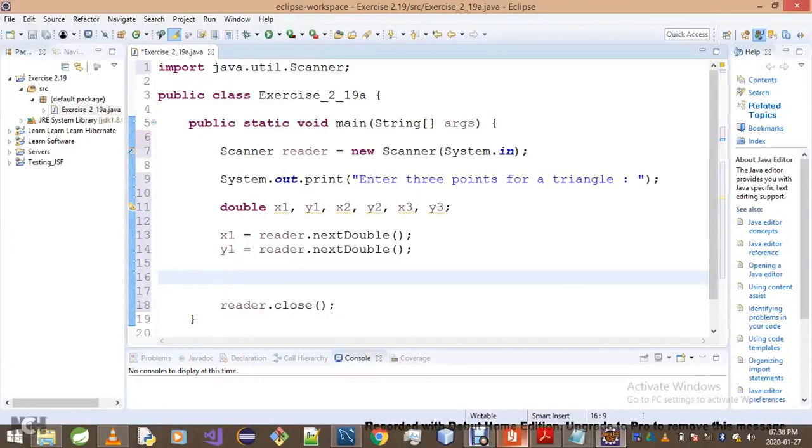In fact, you'll be assigning wrong values to your variables, right? I don't know if that makes sense. So you've got to go x1, y1, x2, y2, and so on and so forth. Okay, let's just proceed.